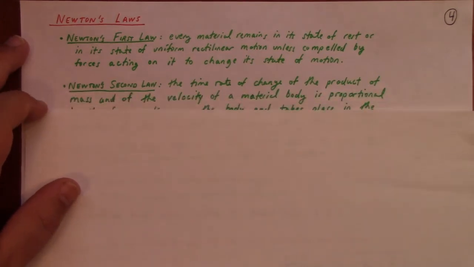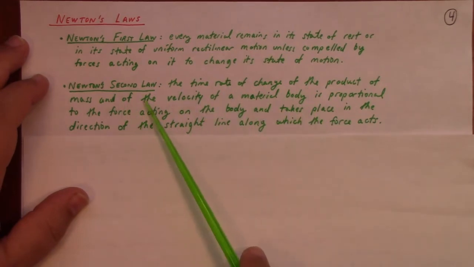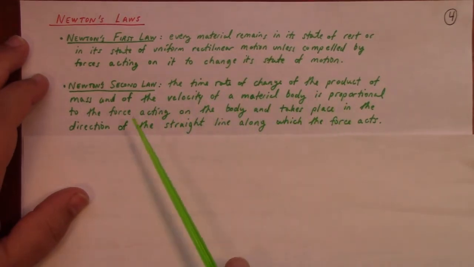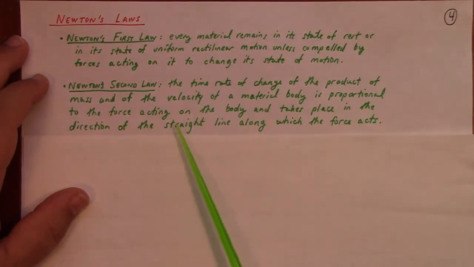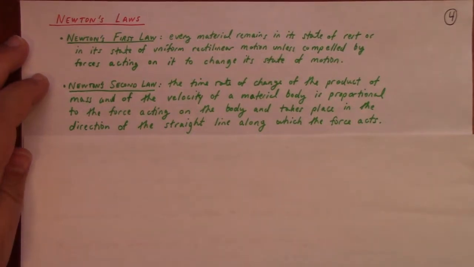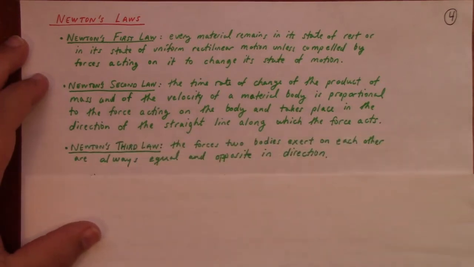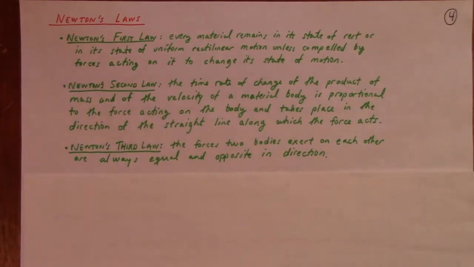Newton's second law: the time rate of change of the product of mass and velocity of a material body is proportional to the force acting on the body, and it takes place in the direction of the straight line along which the force acts. It's a version of Newton's second law. All right. Newton's third law: the forces two bodies exert on each other are always equal and opposite in direction. This is the existence of action-reaction pairs.